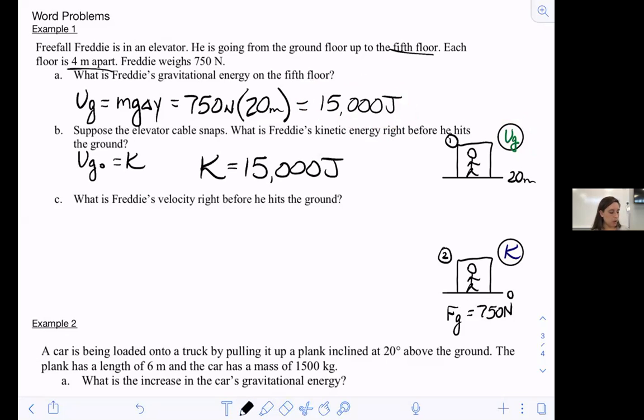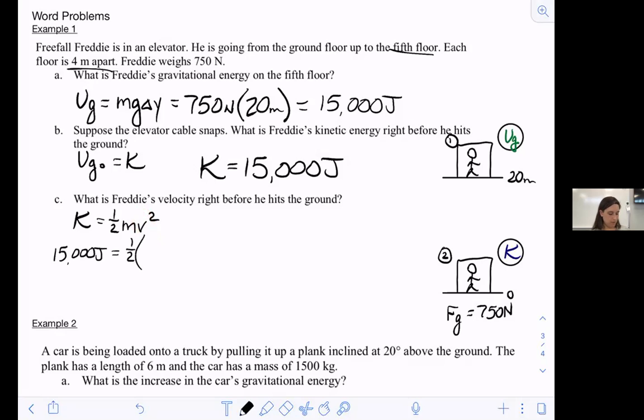Now, part C asks, what is Freddy's velocity right before he hits the ground? Okay, well, since I know that kinetic energy is equal to 1/2 mv squared, I should be able to find this velocity because I can put in 15,000 joules as my kinetic energy. Oh, mass. Okay, I know his mass indirectly.